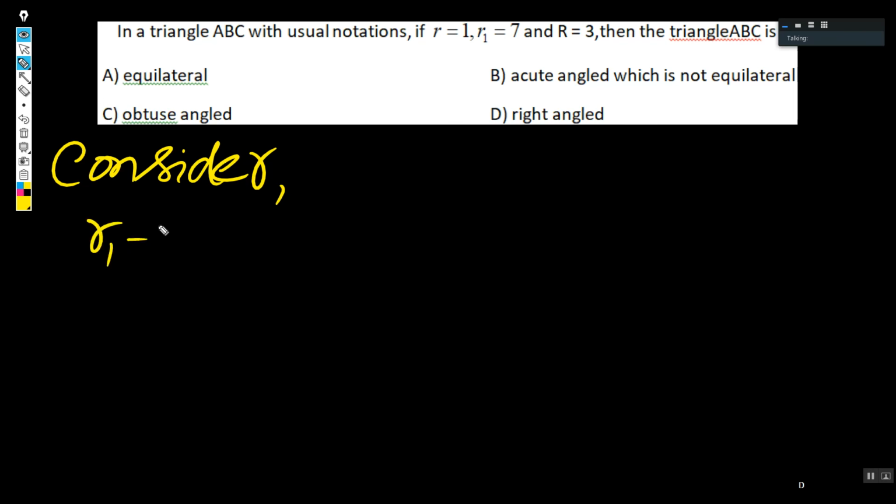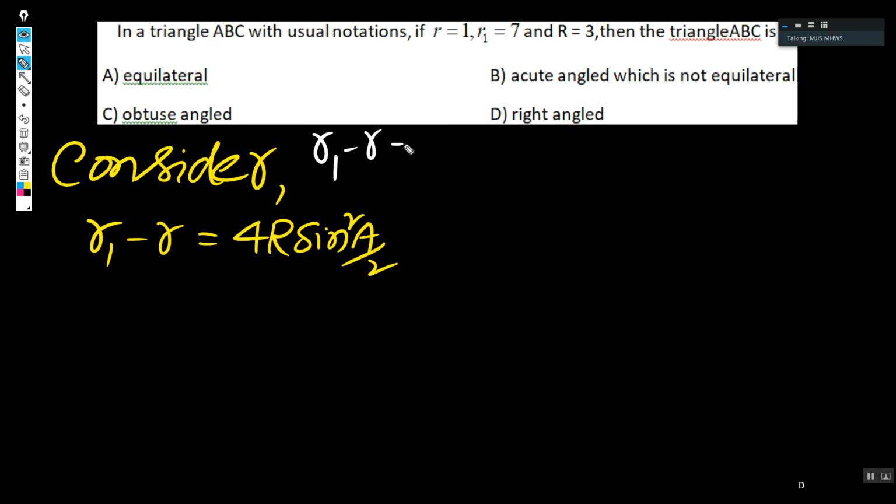Is equal to 4R sine square A by 2. Because the formula is utilized here, let me show you the derivation of it within one step so that you will not be forgetting it. r1 formula is 4R sine A by 2, sine B by 2, sine C by 2, minus r formula 4R.